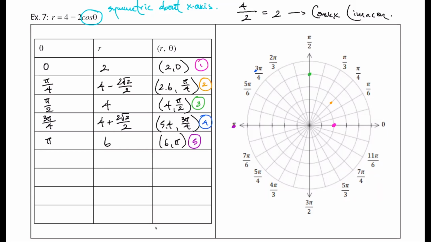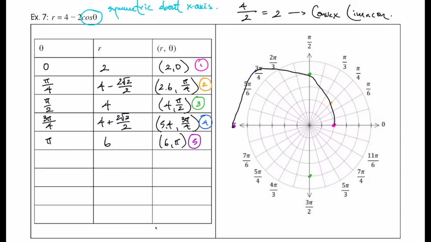So if I think about connecting these points, I might get something that kind of looks like this. Okay, that's a terrible job, but you get the idea. Since I know that it's symmetric, I could actually plot some of the points in symmetry about that axis.